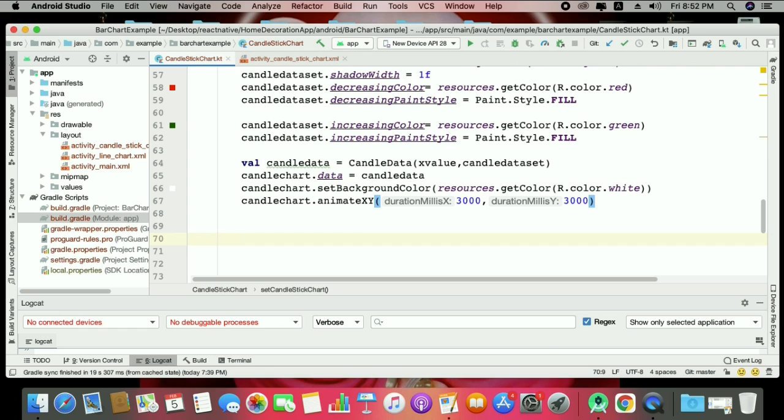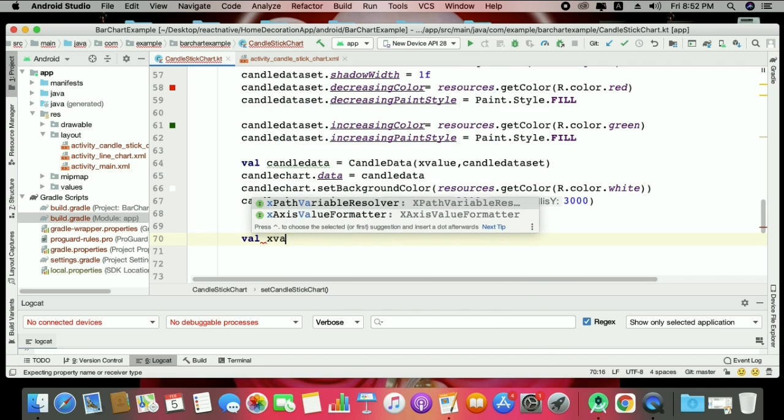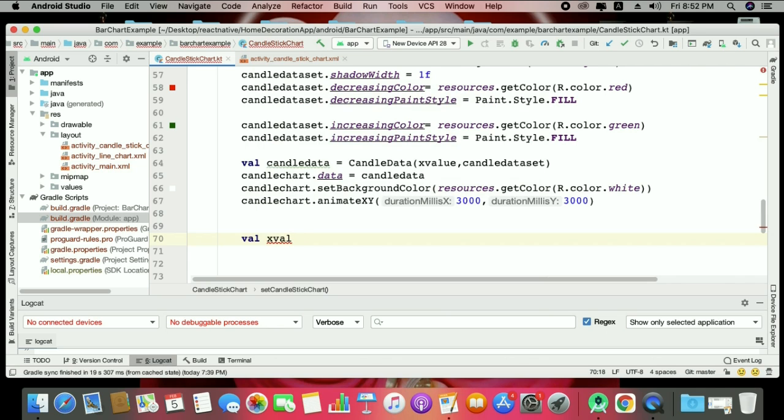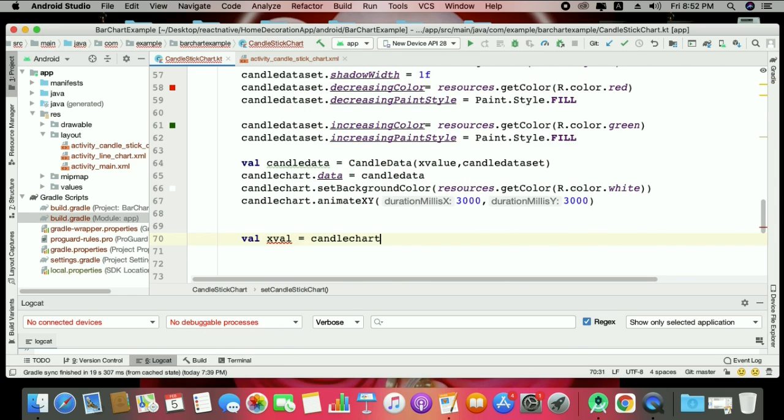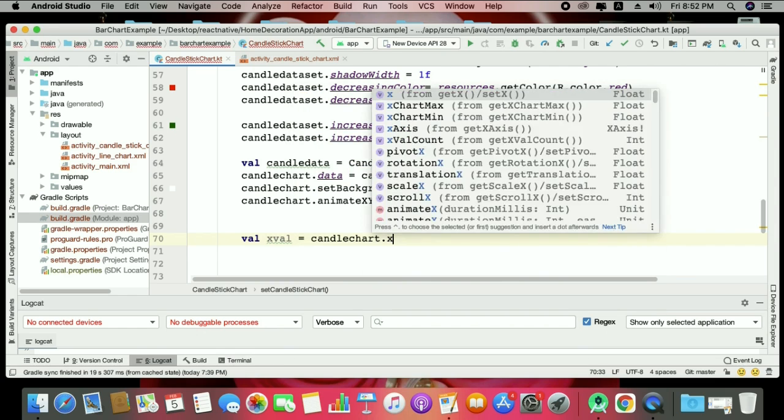And the most important part that we missed in your line chart and bar chart, where I discussed how you can put the X value at the bottom. You can use this in other charts also. I'm showing you that, candle chart dot x-axis.